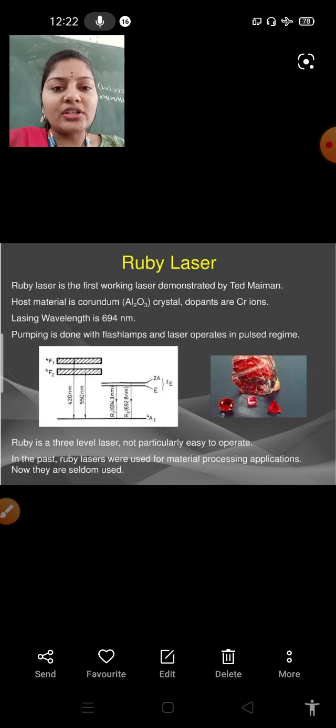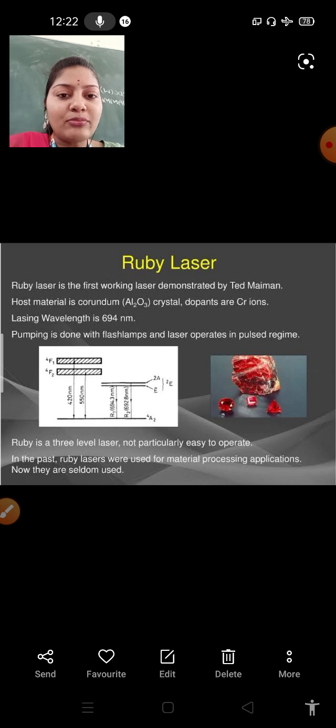The final output wavelength of the ruby laser is 6943 angstroms, or 694 nanometers. Now what is the pumping? Flash lamps, or xenon flash lamps. In the construction of the ruby laser we use a helical xenon flash lamp. The ruby laser is a 3-level laser system.